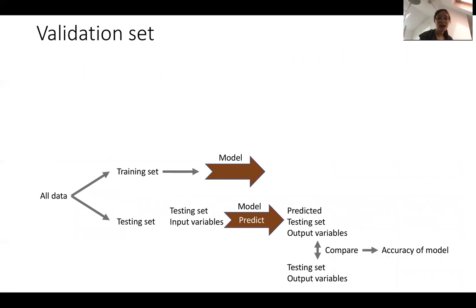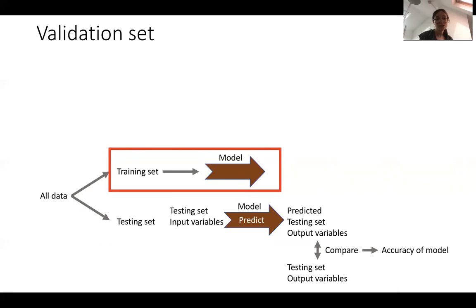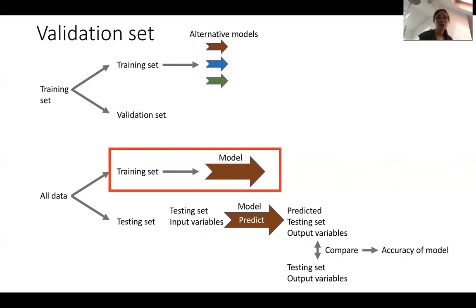One question you might have is, how do we determine what the best model is from the training set? Well, sometimes we use the following procedure. We take a training set and we split it further into an even smaller training set and something that we call a validation set. Using the smaller training set, we can build a bunch of different alternative models.